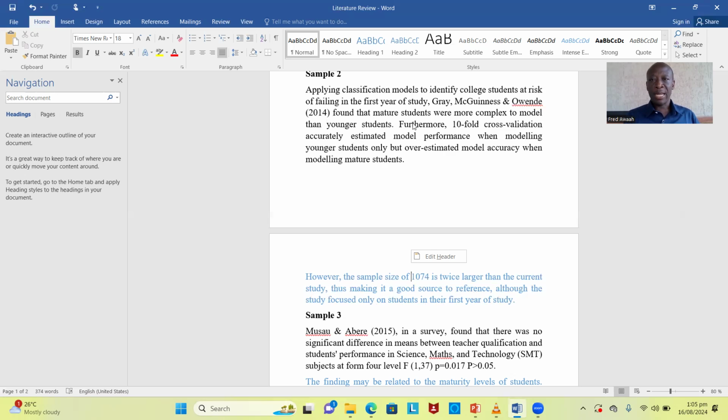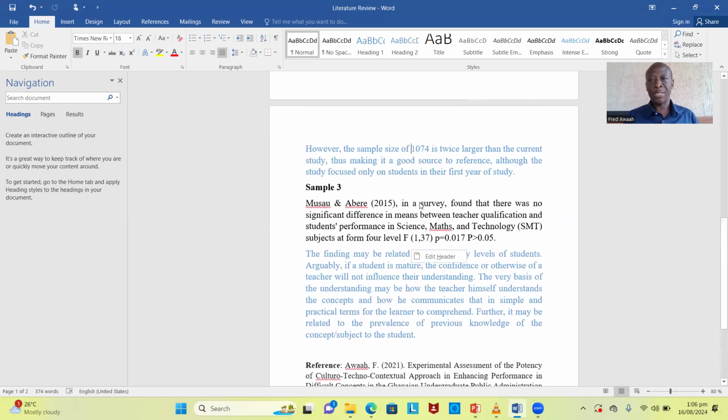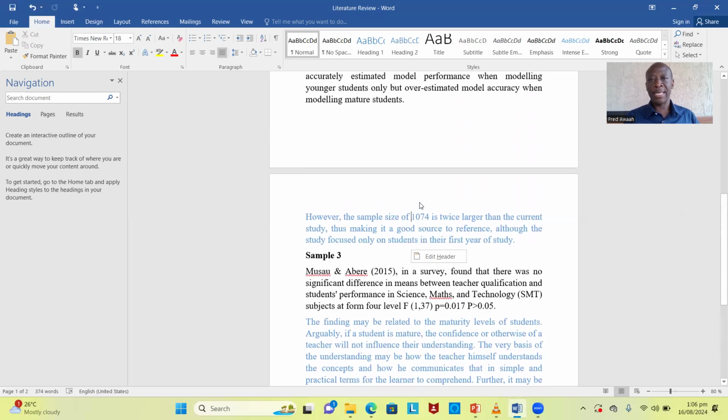So in the work of Gray et al., they concentrated only on students in their first year of study. However, the current research looked at 12-year students. When you look at the study referenced here, you could go get it, and then you see the sample size.